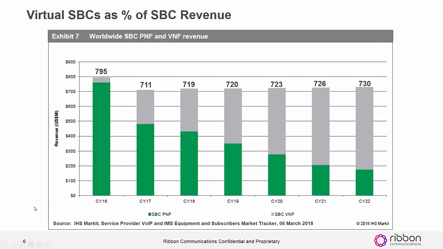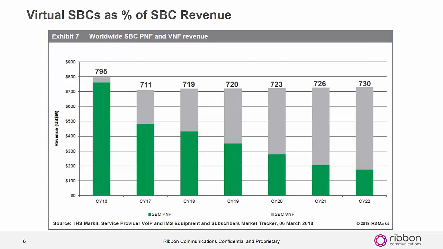So I went back and I looked again at IHS market details, and we pulled out just this information of virtual SBCs as a percent of overall SBC revenue. The green represents physical appliances, the gray represents virtual network functions or software only.